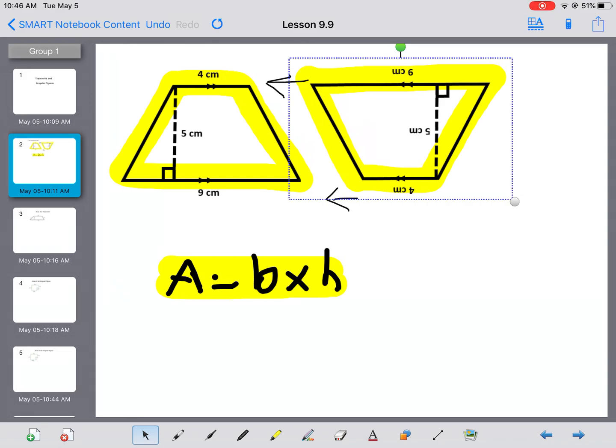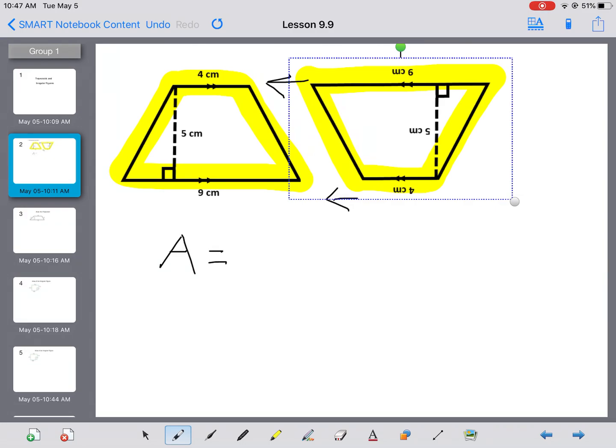I can use that information to find, if I wanted to, the area of my parallelogram, which I can then use to find the area of my trapezoid. So what we can actually figure out is that the area of a trapezoid is really the base, I'm just going to leave that blank, times the height, and then divide by 2.